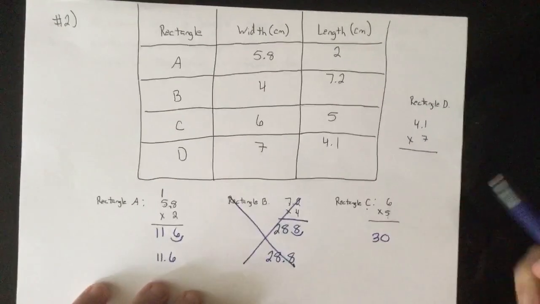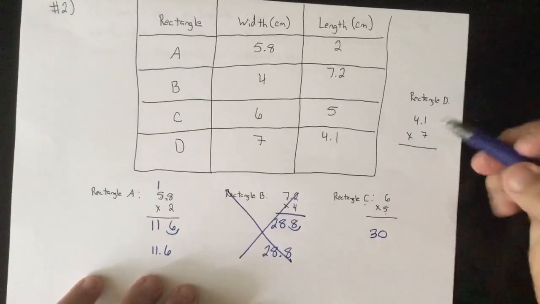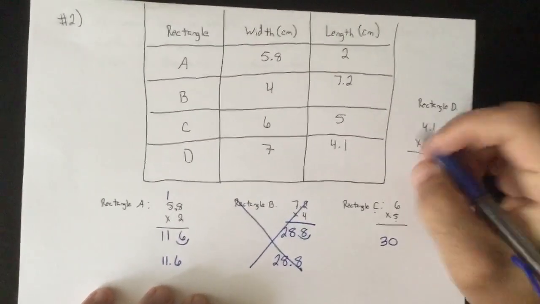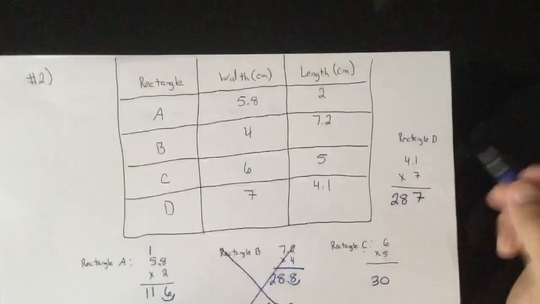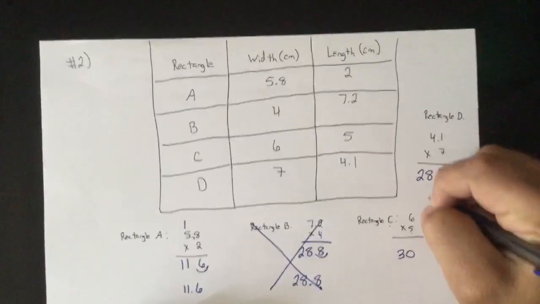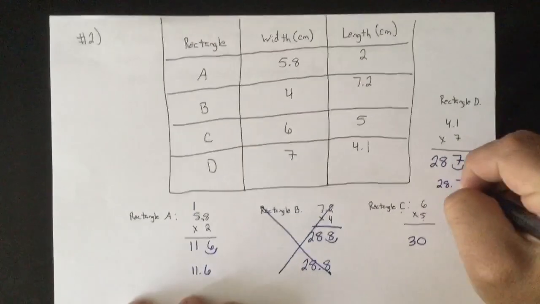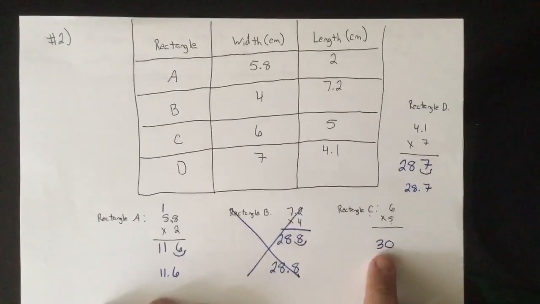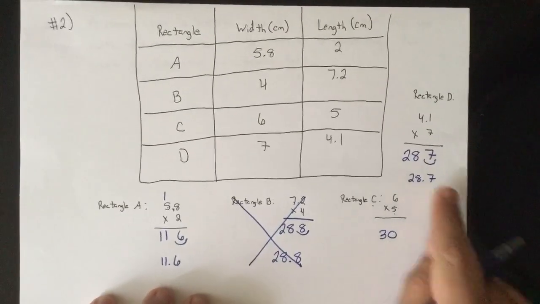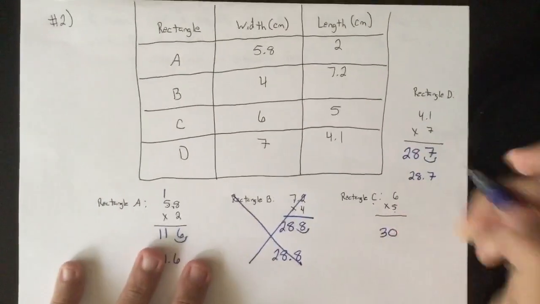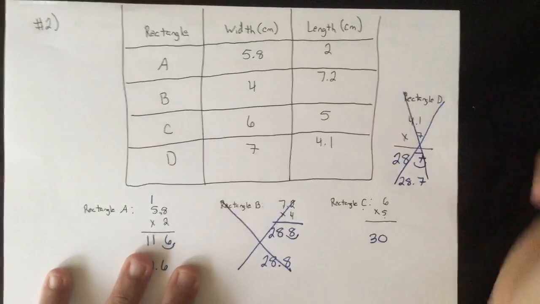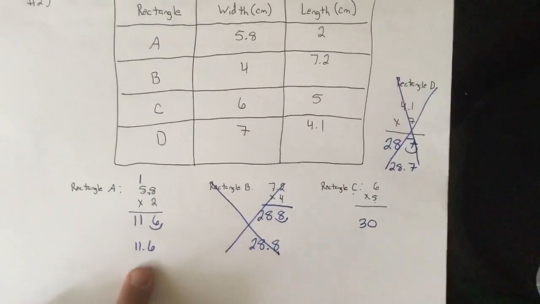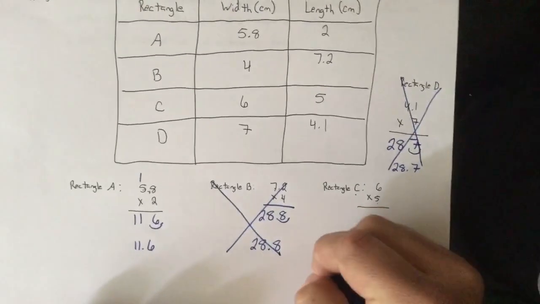Rectangle D, 4.1 times 7. 7 times 1 is 7. 7 times 4 is 28. Again, move your decimal back one time. So that area is 28.7. Well, again, an area of 30 is bigger than an area of 28.7. So this is out. So now we got my biggest area, and we have to subtract it from my smallest area.